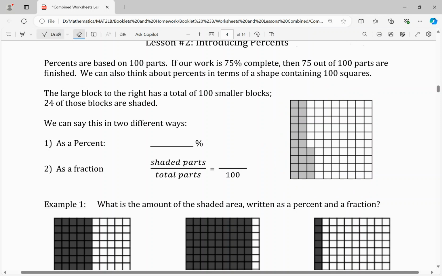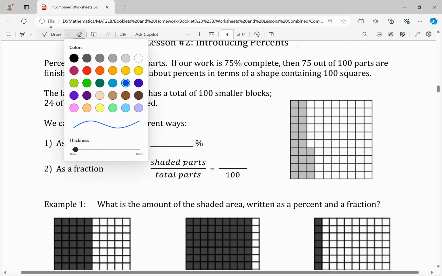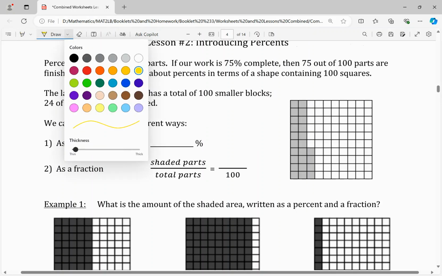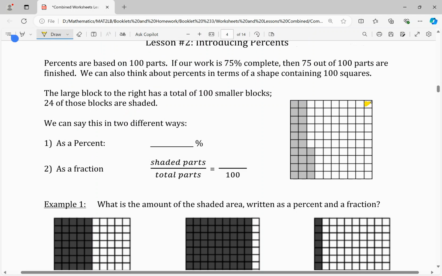So if I was to say I own 1% of this box, that just means that I own 1 square, right? Maybe this square right here. So I have a very small percentage, or a very small amount. That is 1%. If I was to say that I have 100%, that means that I have everything.